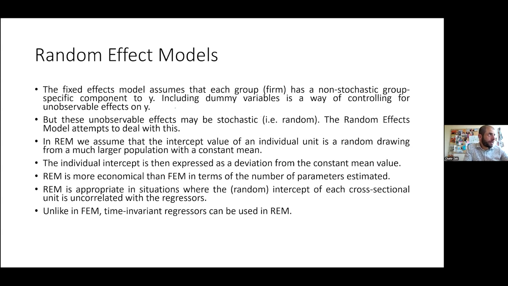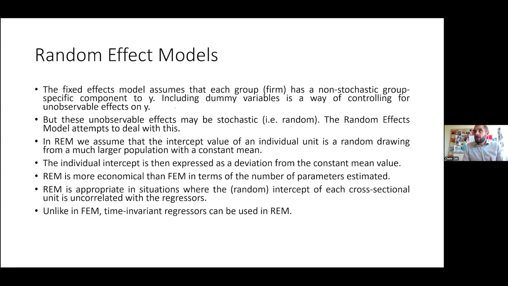So if we assume that in the case of the fixed effects model, we have a non-stochastic component that will be taken out of the error term, and therefore I'm going to include dummy variables in my model to control for this. The other alternative is that the unobservables are stochastic or random.